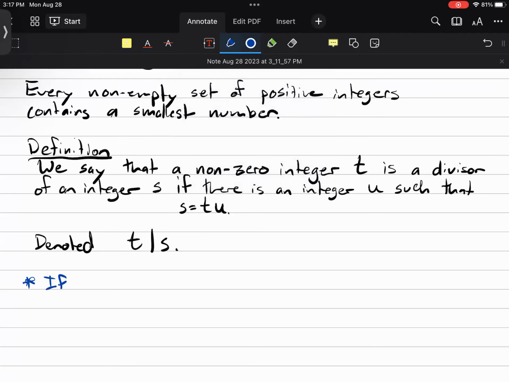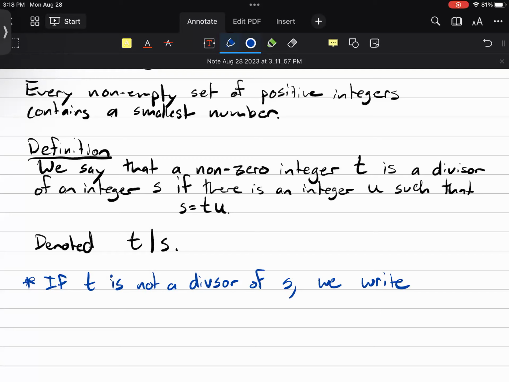Let's see how many little notation tricks of mathematics you remember, or if not, you're going to learn some. If t is not a divisor of s, how do we write this? Yeah, you just cross it out.